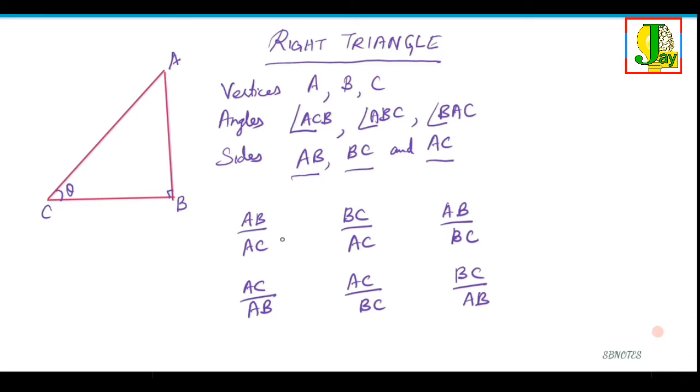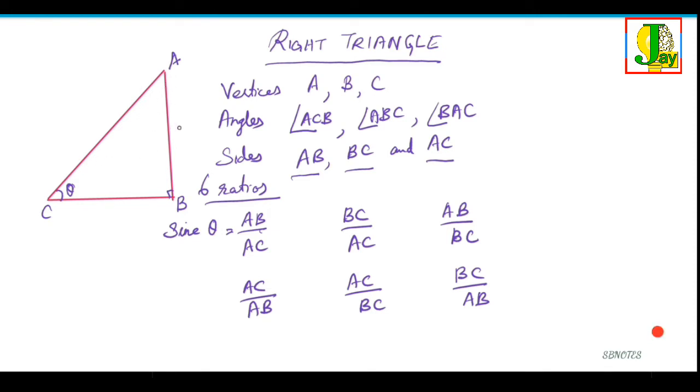right angle triangle. When you compare these ratios with respect to angle C, which we have named as theta, this first ratio is known as sine theta. So sine theta is AB by AC.